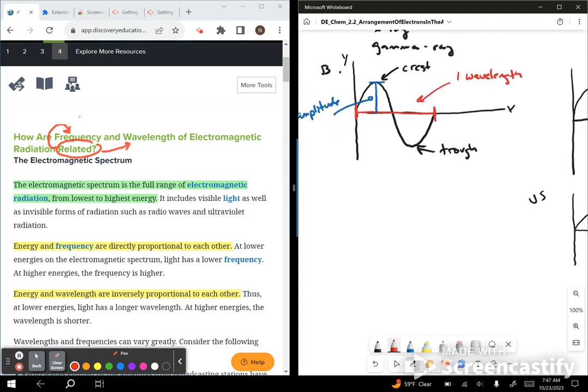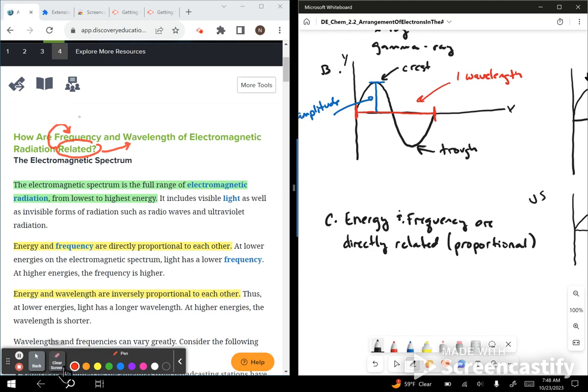That's relationship number 1, letter C. Energy and frequency are directly related. They're proportional.